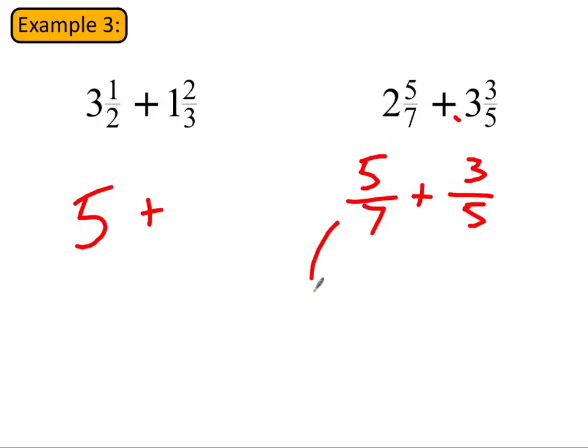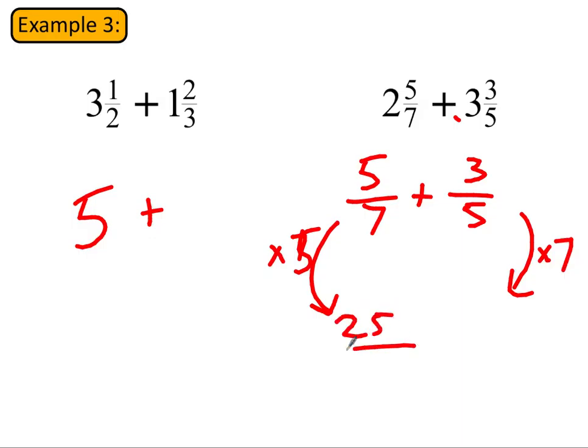So to do that, we'll times this one by 5, and we're going to times this one by 7. So we're going to have 25 over 35 here, and we're going to have 21 over 35 here.